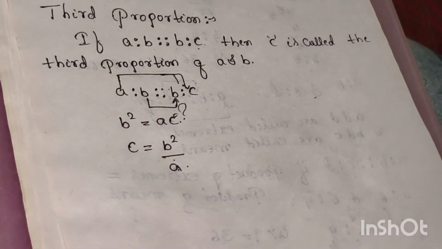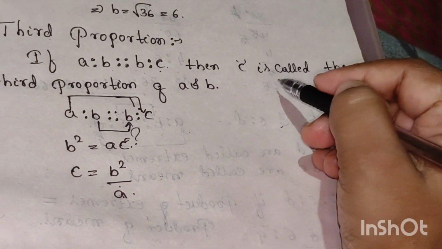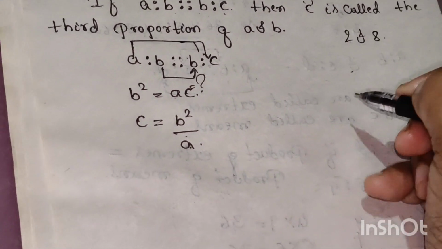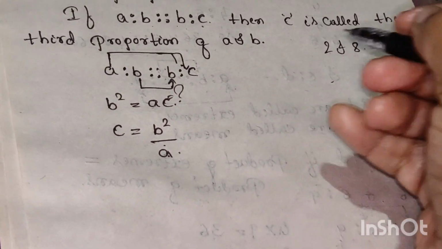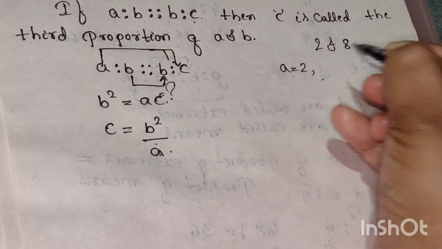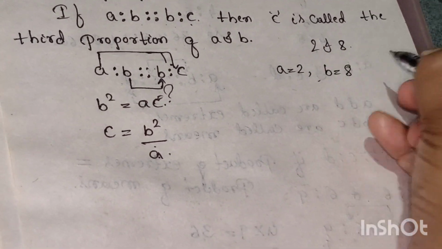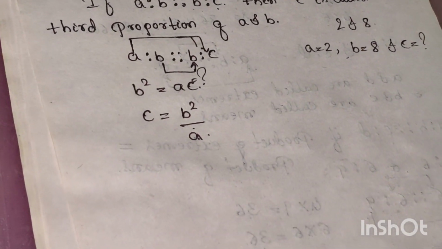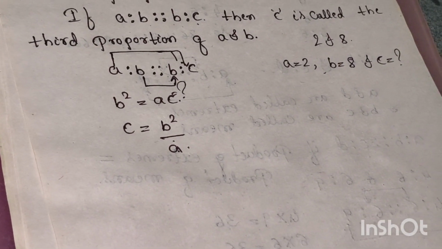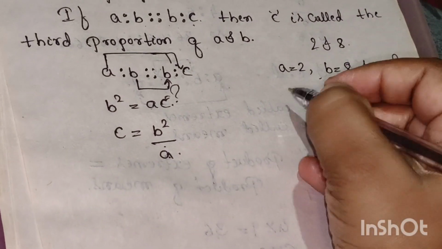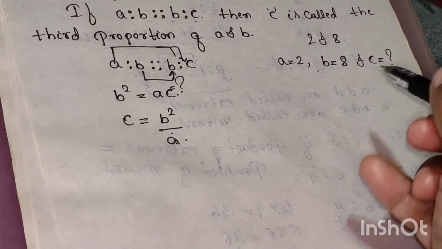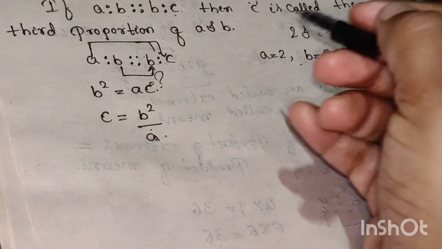For example, find the third proportion of 2 and 8. Here A is equal to 2, B is equal to 8 and C we calculate. So we directly apply this formula.